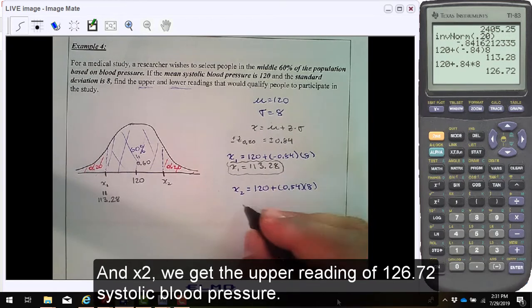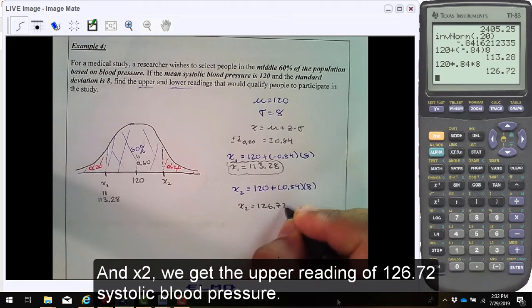And for x2, we get the upper reading of 126.72 systolic blood pressure.